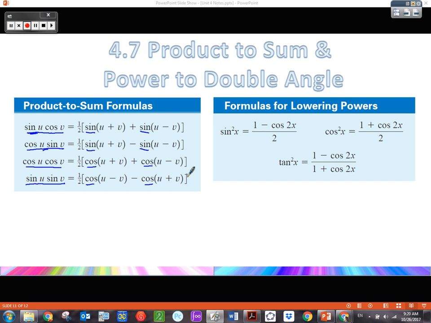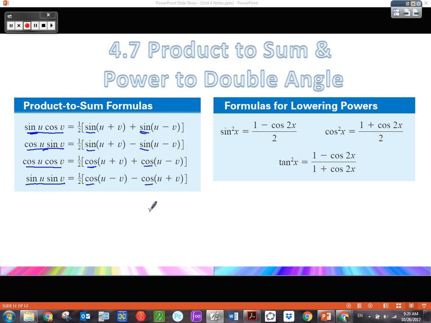There's no mixture within the formula. It's sine, or cosine. Looking at the sine, cosine and the cosine, sine, the difference between these two is that one is adding and one is subtracting. And the difference down here with the cosine, sine, again, is a sum or a difference.